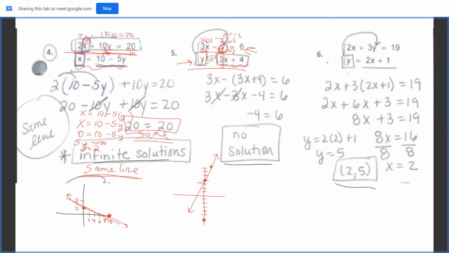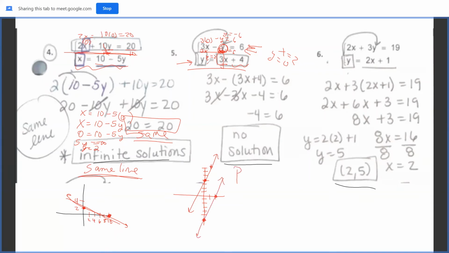I substituted 0 in for this value. So when y was 0, x was 2 for this equation. So this ordered pair is 2, 0. And when we plot these two lines, they are parallel.